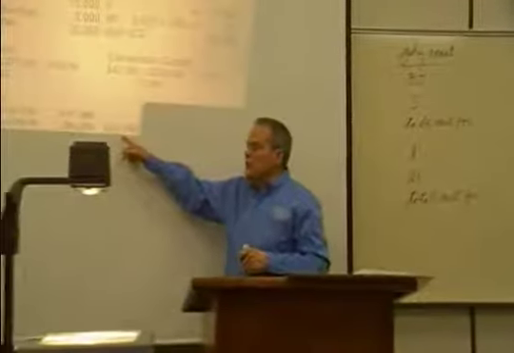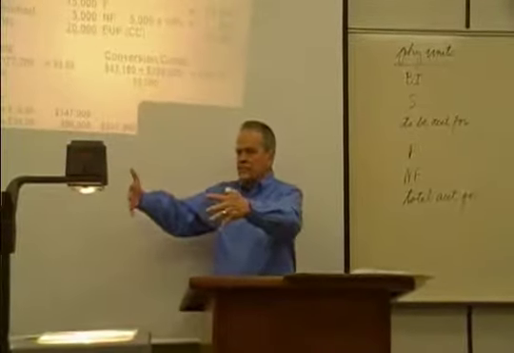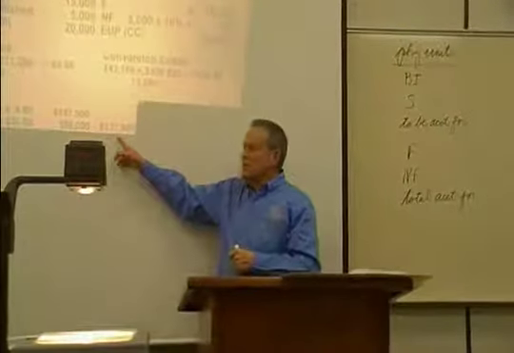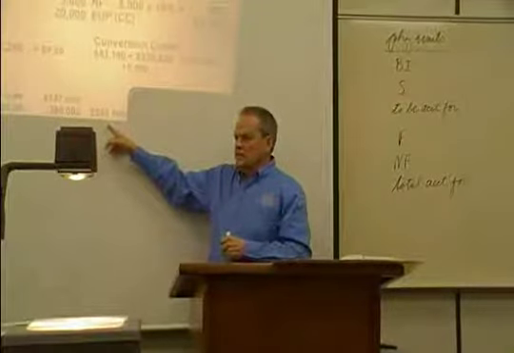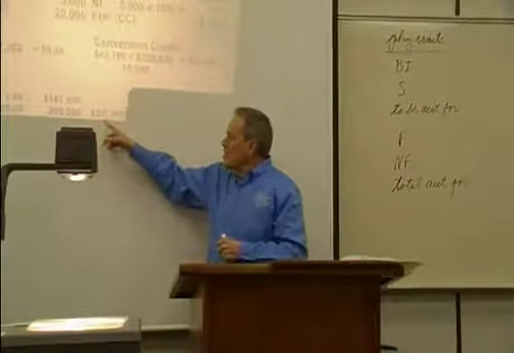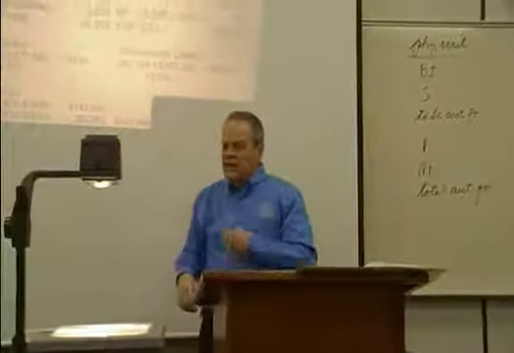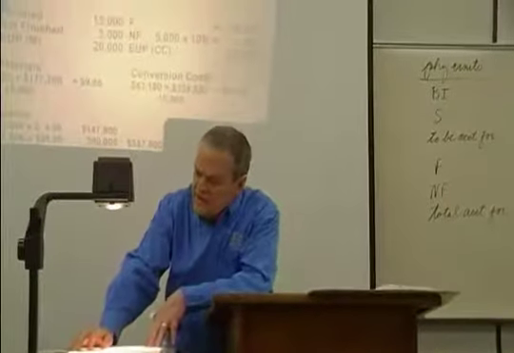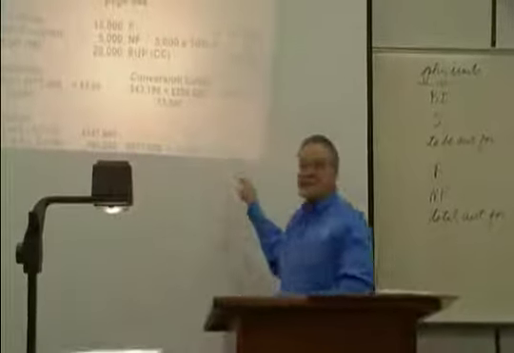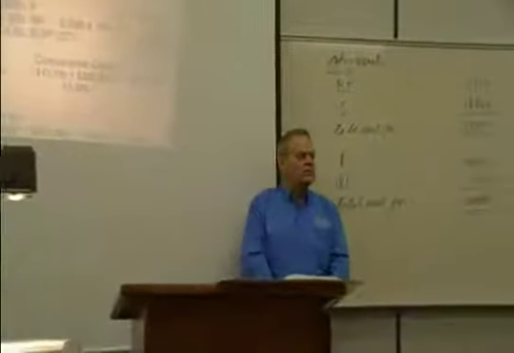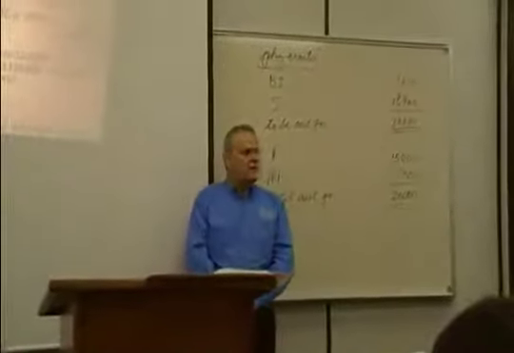If I wanted to know the unit cost of this entire batch, what would I divide by? 15,000. 537,900 divided by 15,000 means it cost me $35.86 per unit to produce these goods this month.